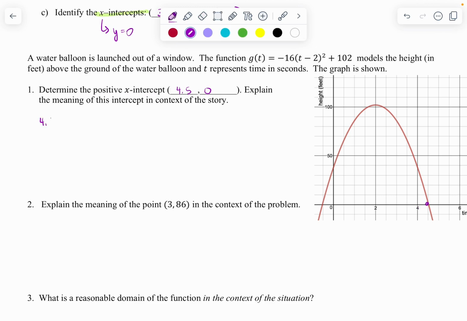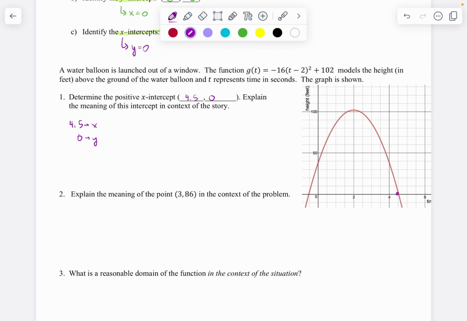So 4.5 is your x, 0 is your y, and then I have to tell you about that x and the y, and I'm just going to use the labels because they're already there. That's 6 on the bottom across the x, that's time. And then the height in feet on the side.